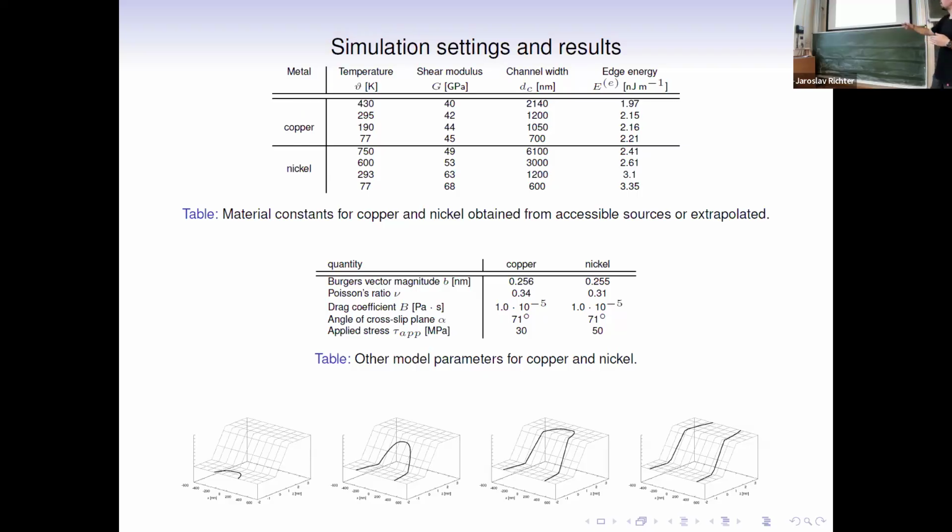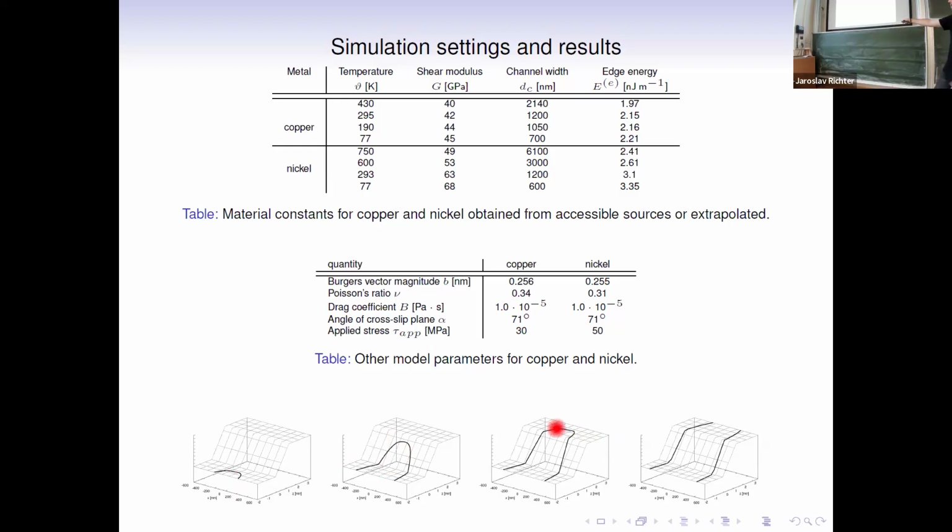We tried it for copper and nickel for 4 sets of low working temperatures for which we were able to find the actual physical data in the literature. These are the 4 stages of the cross-slip, close to the tip of the dislocation, right between the cross-slipping. Now the evolution on the cross-slip plane.